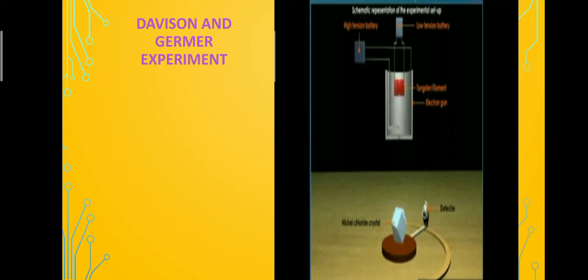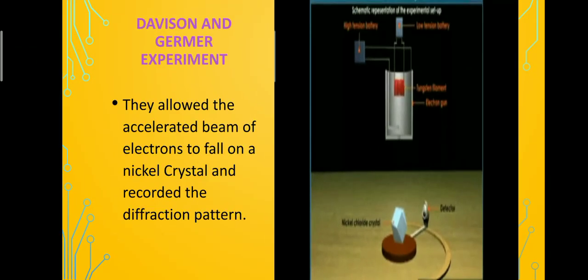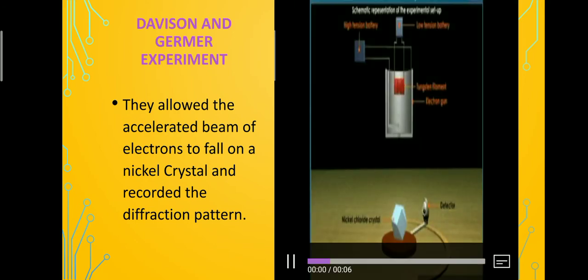So what they did is, they allowed the accelerated beam of electrons to fall on a nickel crystal. Here the accelerated beam of electrons is falling on a nickel crystal.